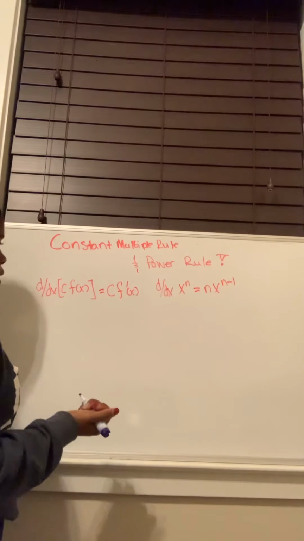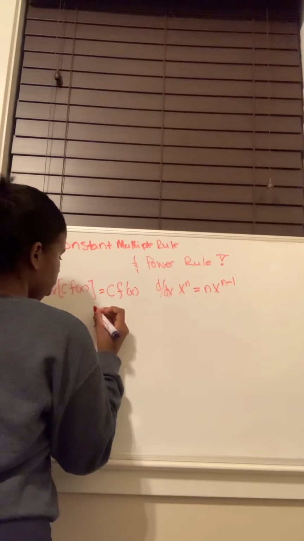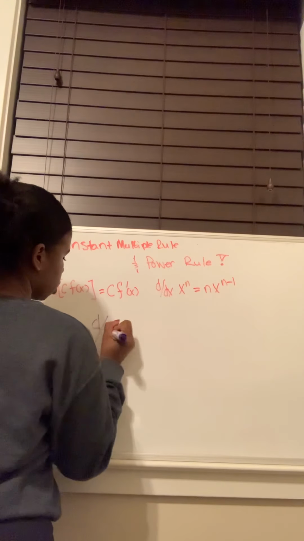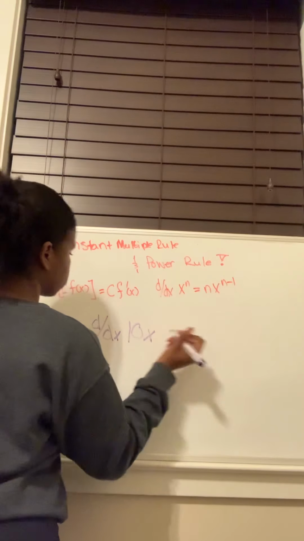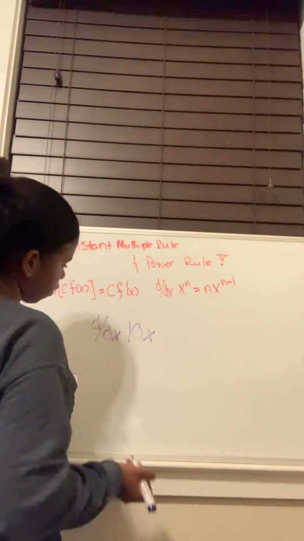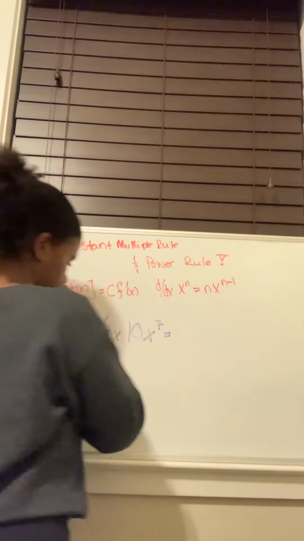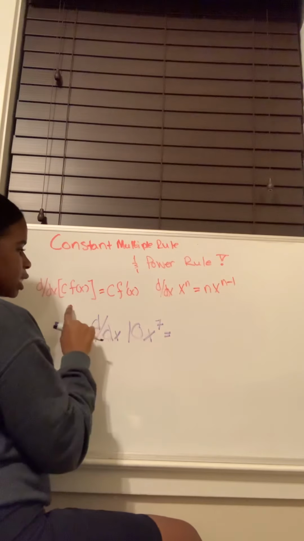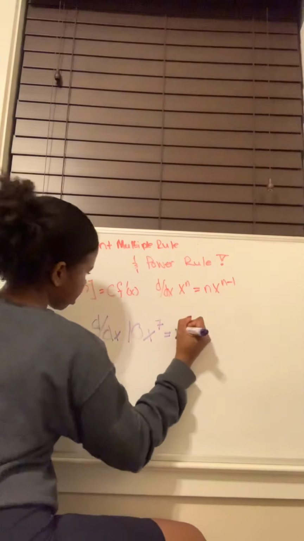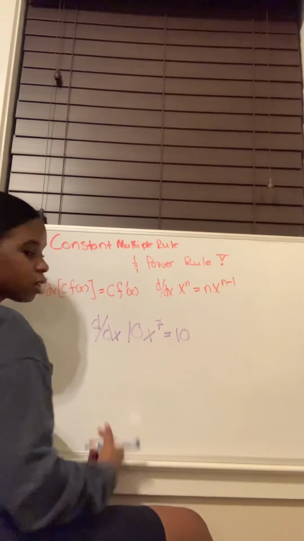So let's see. Let's find a derivative of 10x, I don't know, it's feeling kind of spicy, to the 7. Okay. According to the constant multiple rule, this 10 is coming along for the ride. Remember that? Just tag it along, okay?